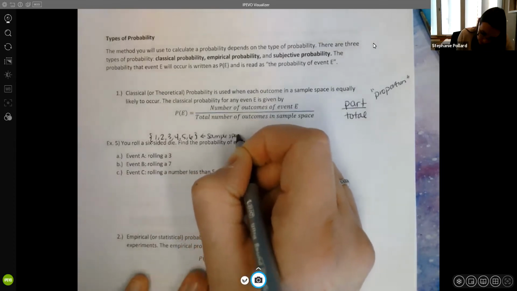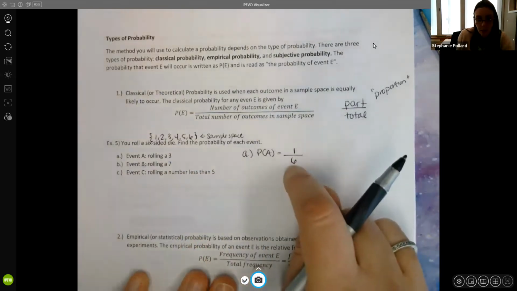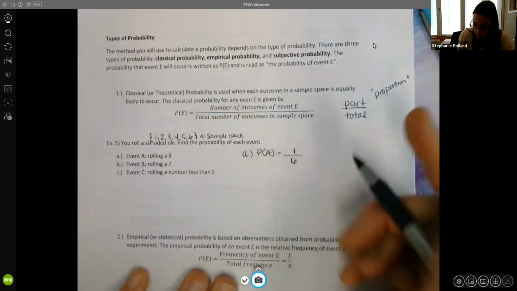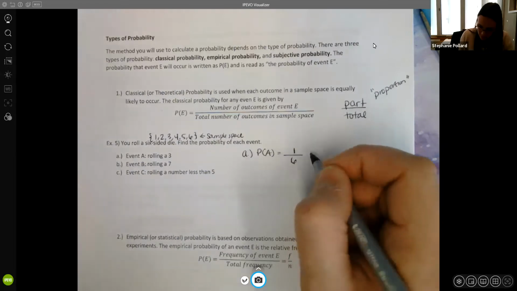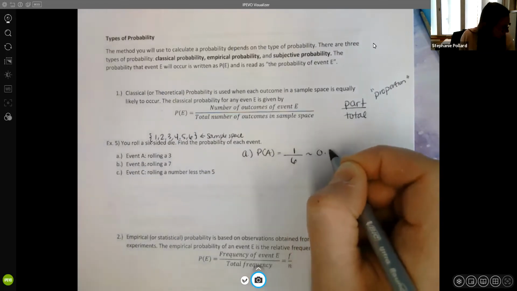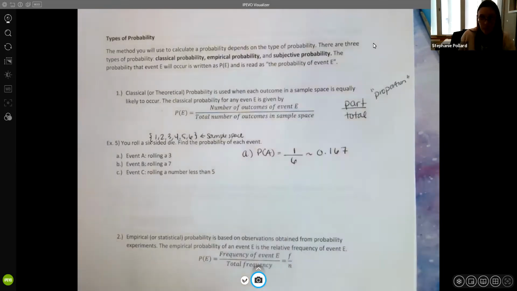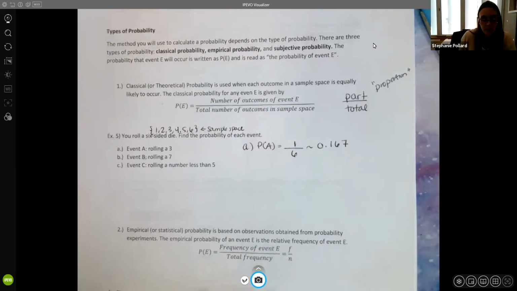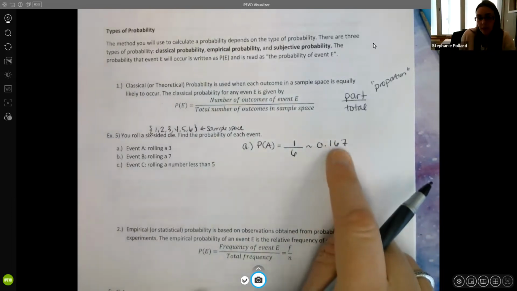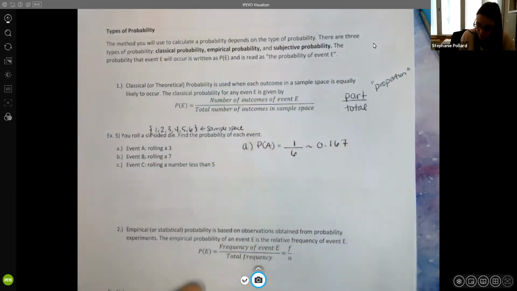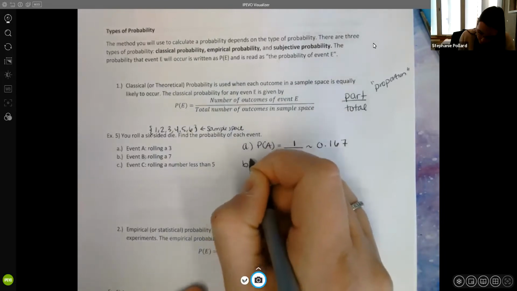There's 6 total options, and there's one that we're looking for. So your probability here is just 1/6. Now we tend to like decimals a lot, so I'm going to round this to 3 decimal places and use that as my answer. If you want a percent, this would be 16.7%. So you have almost a 17% chance of getting that 3.